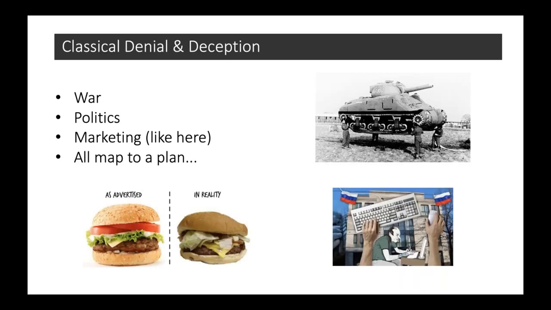When we talk about denial and deception, there's this notion of classical denial and deception, which over the years has been used in war, politics, marketing, and all the things like that. One example that I like to start with is one of the most famous uses of deception, back in World War II. Around the Normandy invasion, there was an operation called Operation Bodyguard.